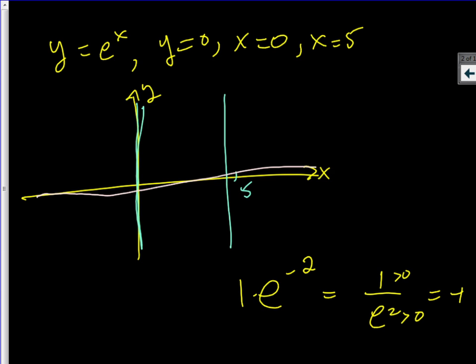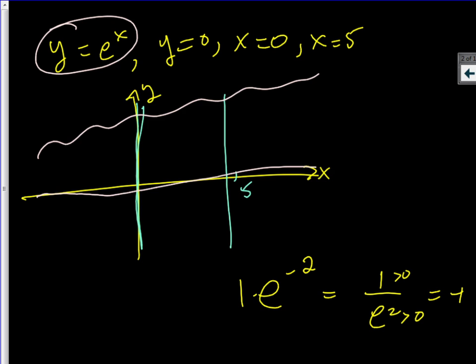If you don't know what e to the x looks like, there's no reason to use derivatives and points of inflection and concavity and critical values. We know it's positive. Maybe it looks like that. So what we want is the area bounded by the blue curves, the pink curve, and the yellow curve.